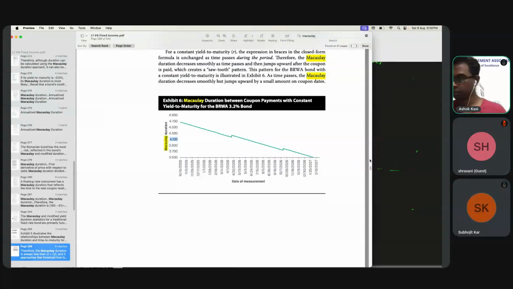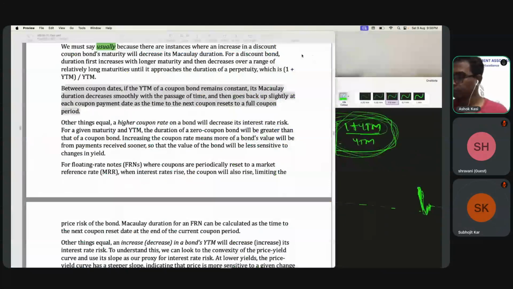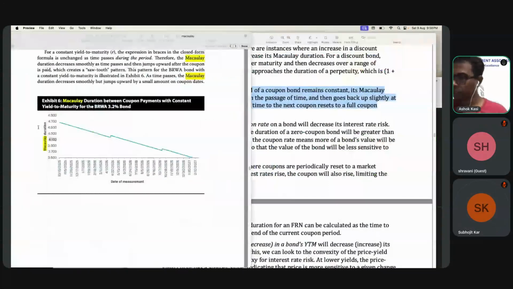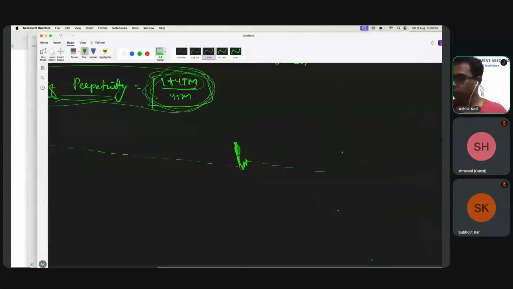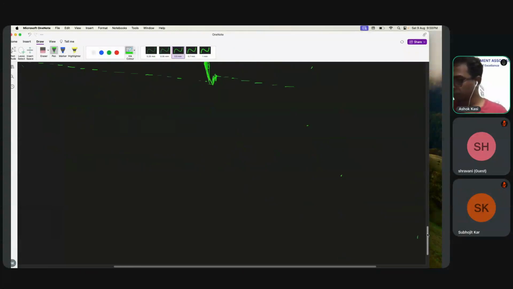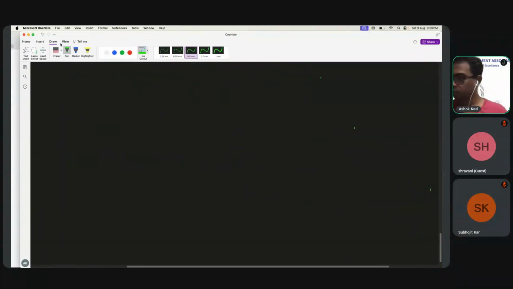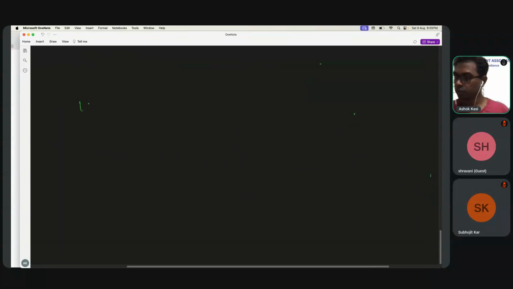So this is the graph for this explanation between coupon dates. See here, there is an interest payment here and here. Now this Macaulay duration is slowly coming down. Why is it coming down? Because it is expecting a big payment over here.